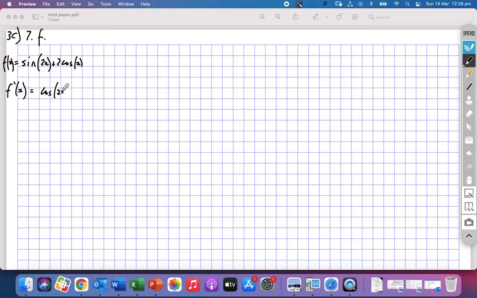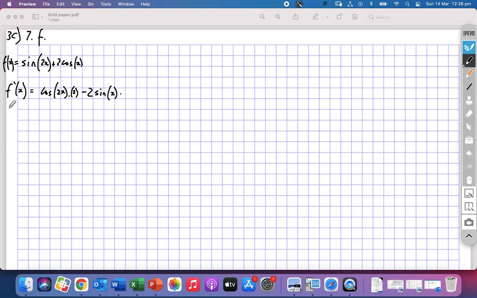Now that's an outside operation, so I'm making cos 2x, then I'm looking at the inside. Derivative of 2x is 2, plus derivative of cos is minus sine, right? So I'd have plus 2 times minus sine. Let's just go straight to writing minus 2 sine x. So there's your derivative.